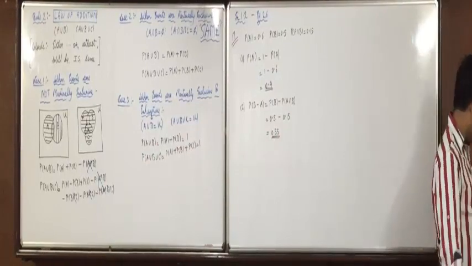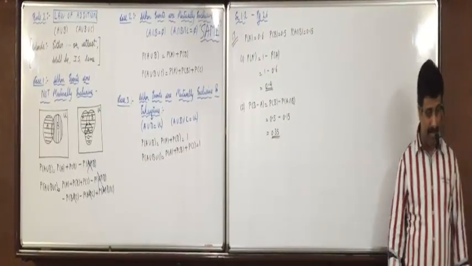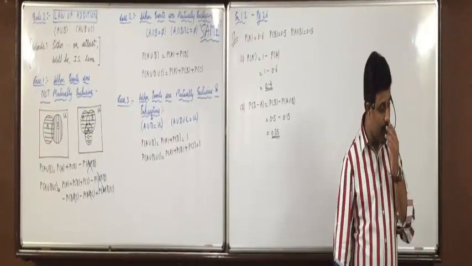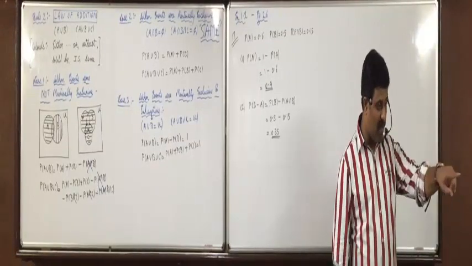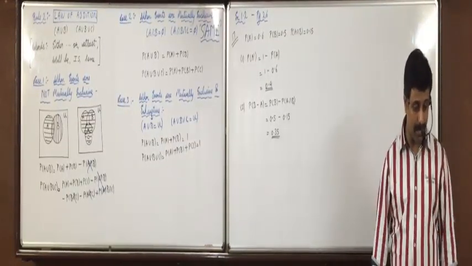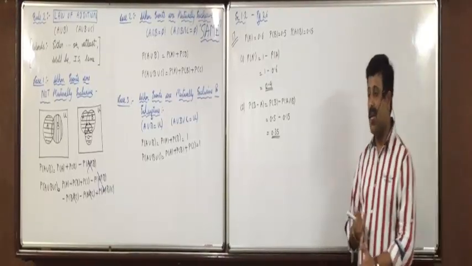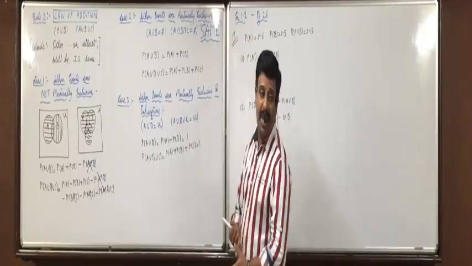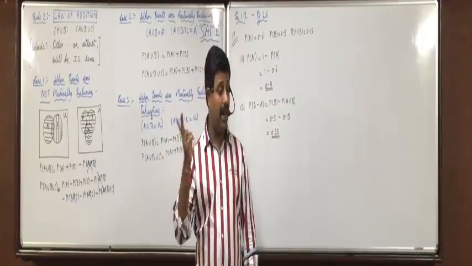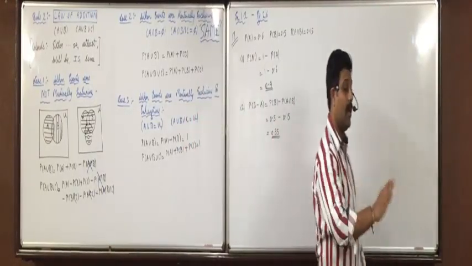Then the third, A intersection B not, A intersection B complement. It is P(A) minus P(A intersection B). A intersection B not means the difference event A minus B. I told you 4 languages for that: A minus B, A intersection B not, A occurs but B does not occur, only A occurs.